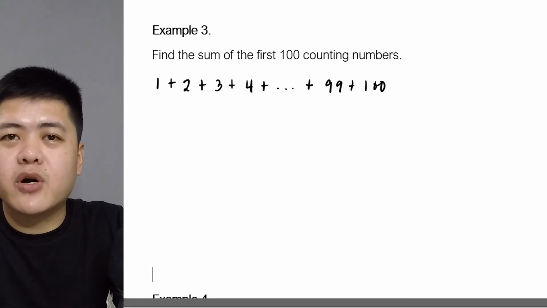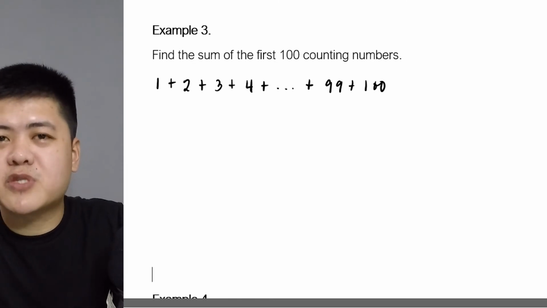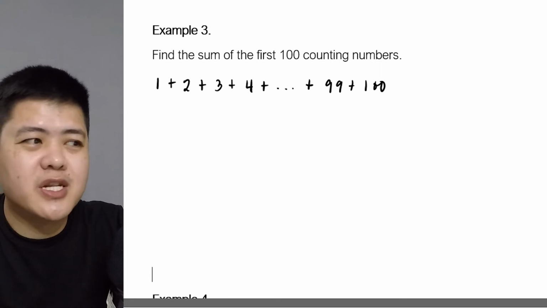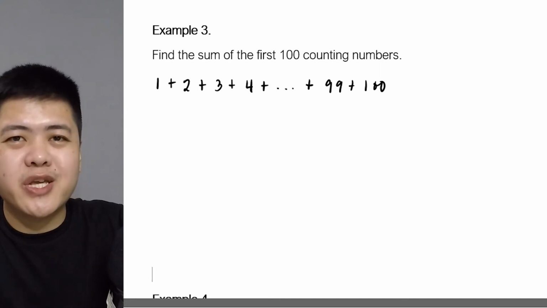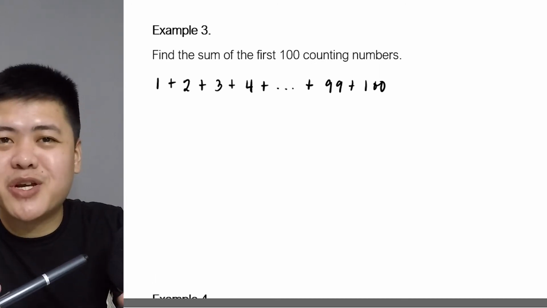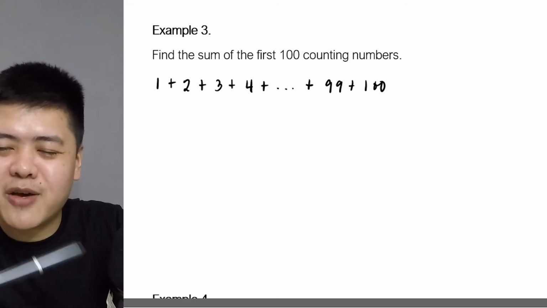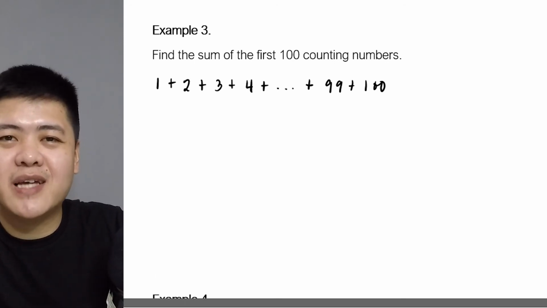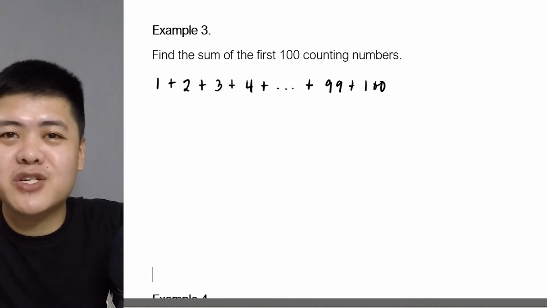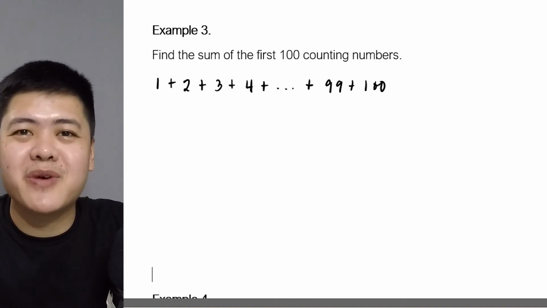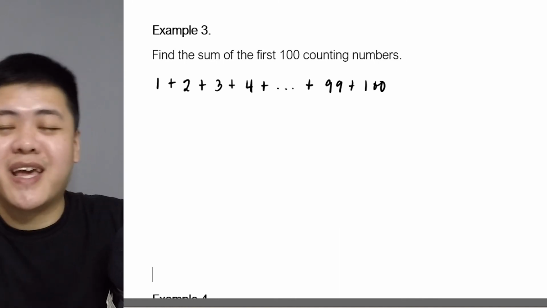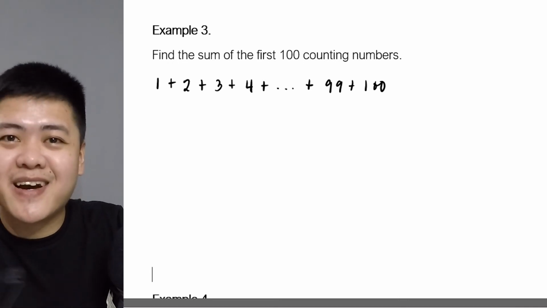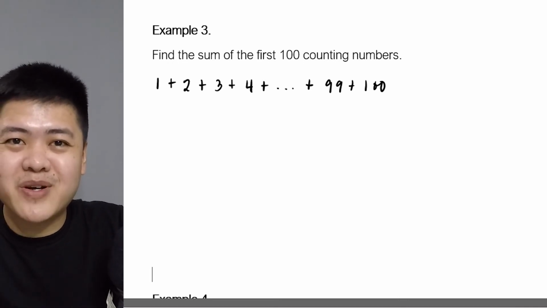If you know Carl Friedrich Gauss, which is famous mathematician, is my favorite mathematician. Yung teacher niya, binigay ng teacher niya tong problem na to. I-add mo nga yung 1 to 100 just to keep Carl Friedrich Gauss busy. So, pina-add niya yung 1 to 100. Yun. Kaso, nangyari, na-surprise yung teacher niya kasi na-add agad ni Carl Gauss yung mga numbers.